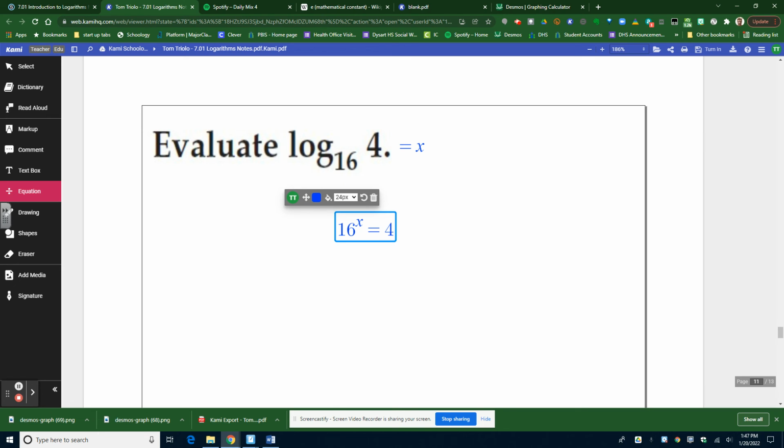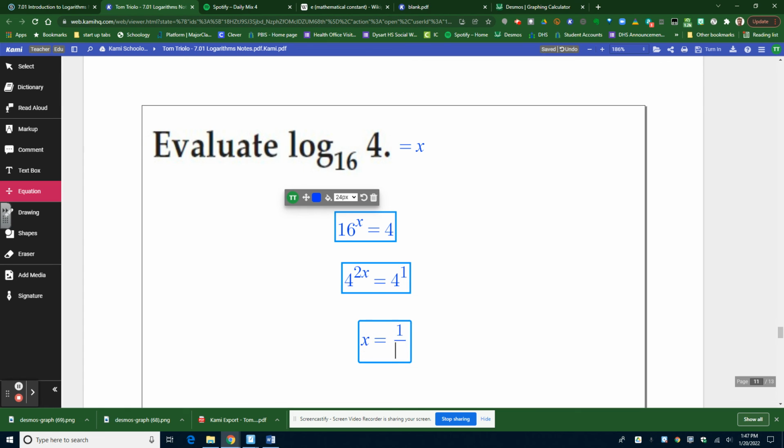What's our common base going to be here? 4. So 4 squared to the x equals 4. Where's the exponent here? If there's no exponent, it's 1. So 2x equals 1, so x equals a half.